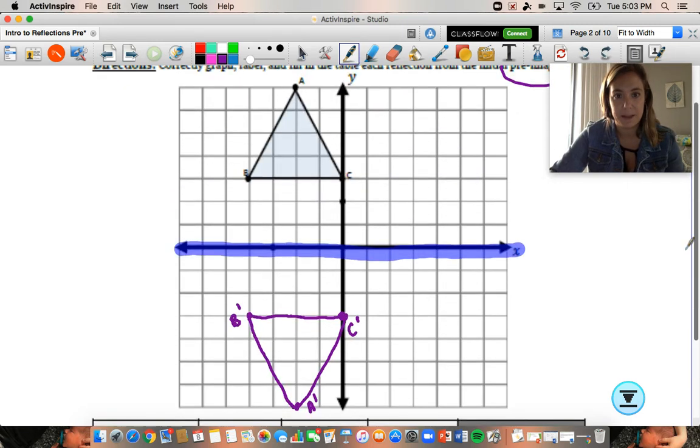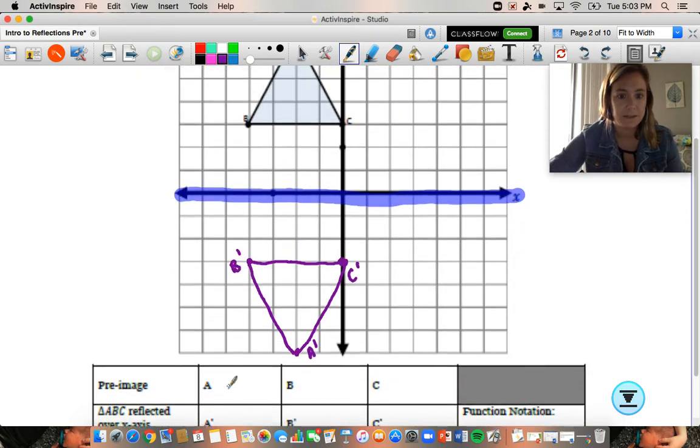Let's actually label the points, because I never wrote what A, B, and C are. A is (-2, 7). What's B? (-4, 3). And C is (0, 3).